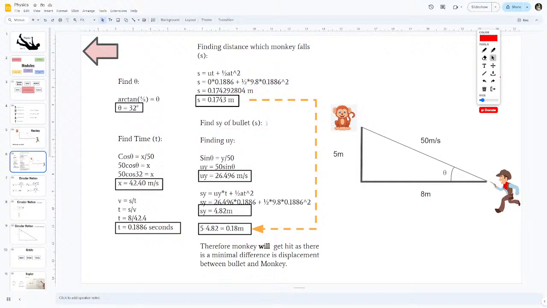And just in case, you find the displacement of the bullet, how high it is, because maybe it drops. It's never going to be an exact straight line. So you use sine theta. You know the velocity. Use suvat.